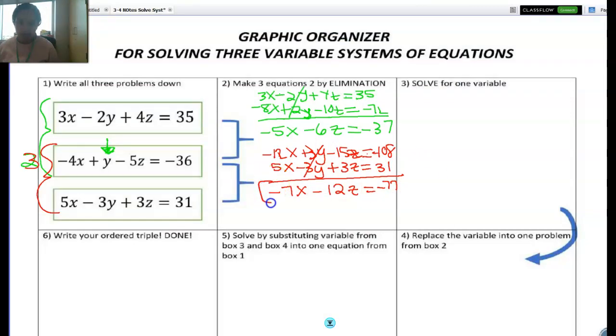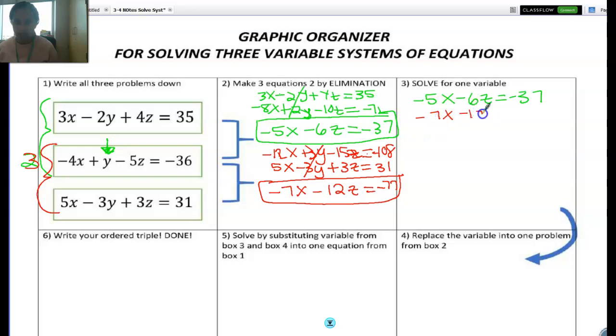So now I have some smaller equations to work with, only two variables. And we are pretty used to working with systems with two variables. So let's see what happens here. I'm going to take negative 5x minus 6z equals negative 37. And I'm going to take negative 7x minus 12z equals negative 77. And I'm going to use elimination now.